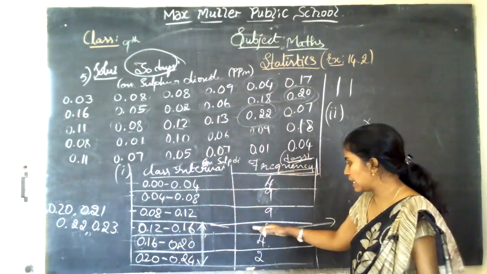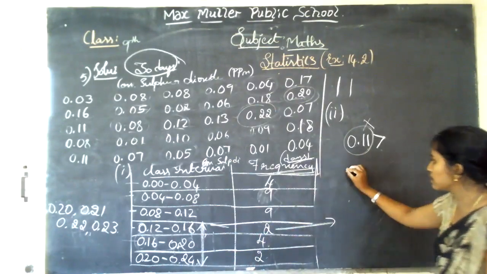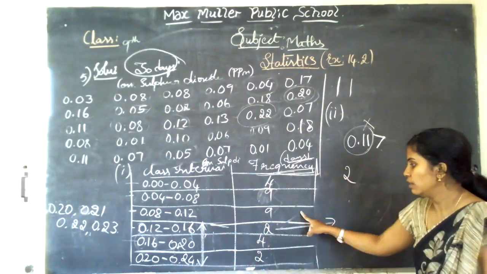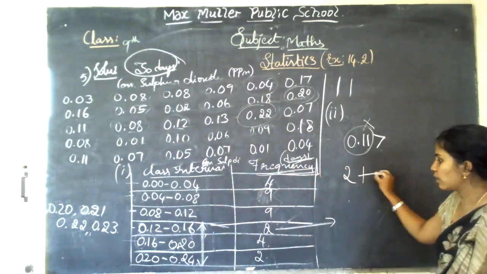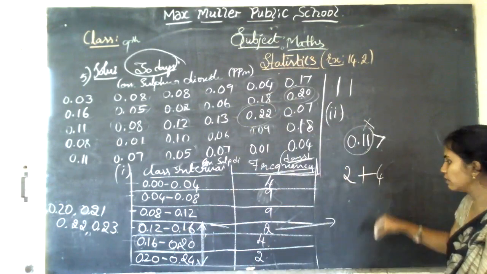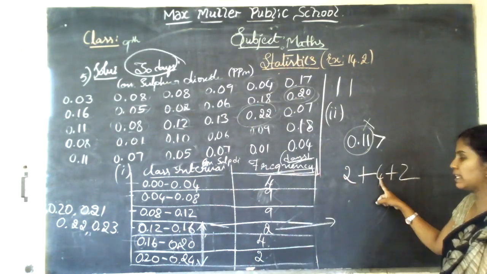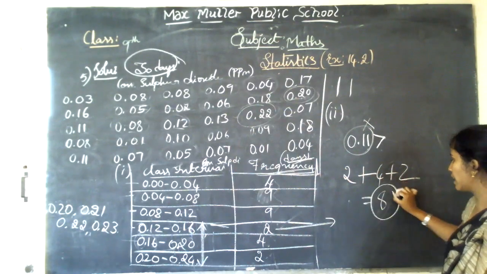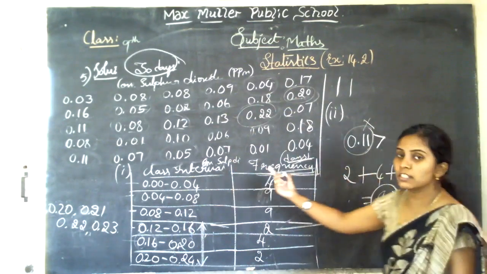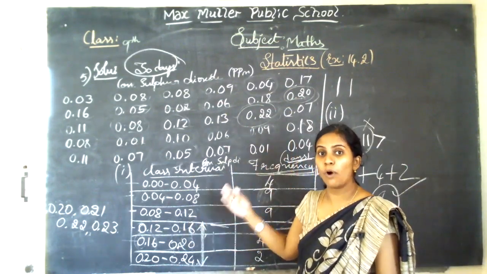So when you consider these three rows, what are the numbers? For this interval, you have got 2. For the next interval, 4. For the next interval, 2. When you add it, 2 plus 4 is 6, 6 plus 2 is 8. For 8 days, the concentration of sulfur dioxide is more than 0.11.